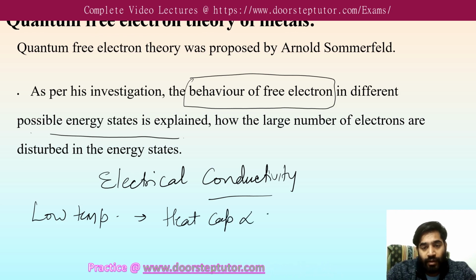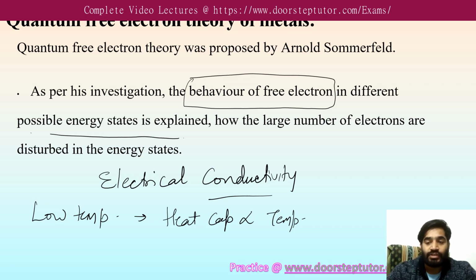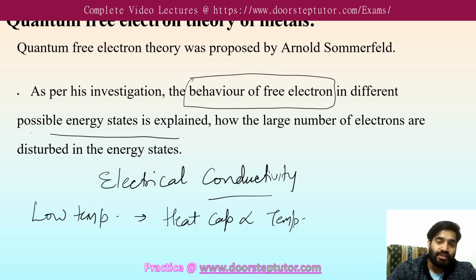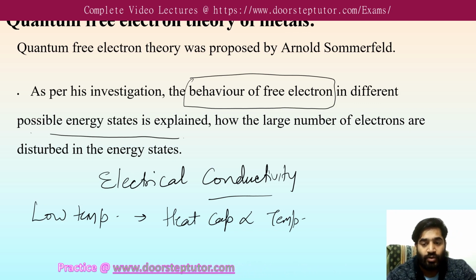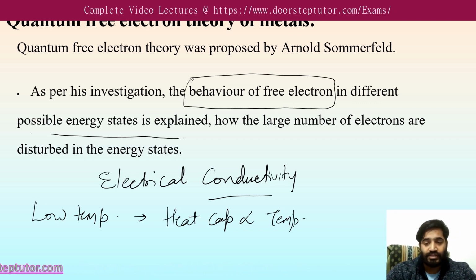This temperature dependence is given by the Sommerfeld theory. So it also tells about the nature of heat capacity with respect to temperature, which matches the experimental observation, unlike the classical models.